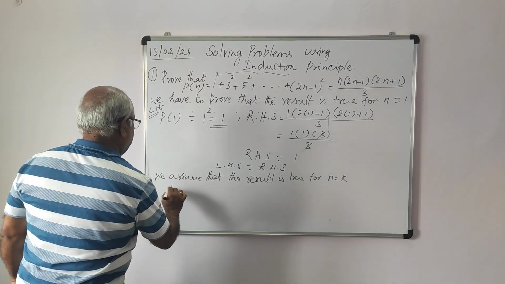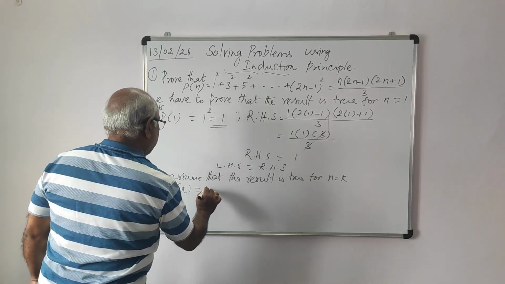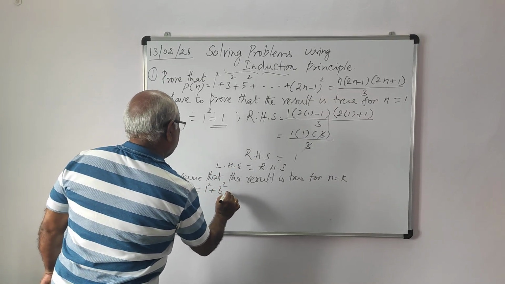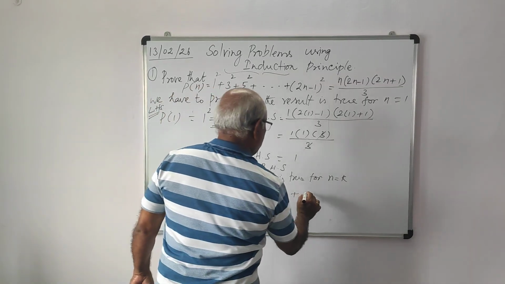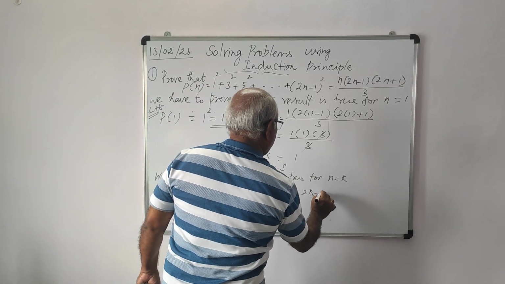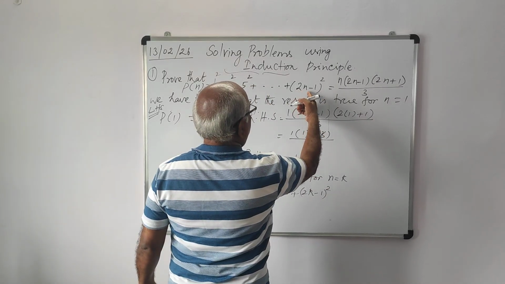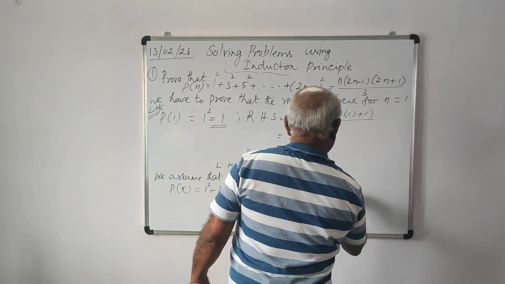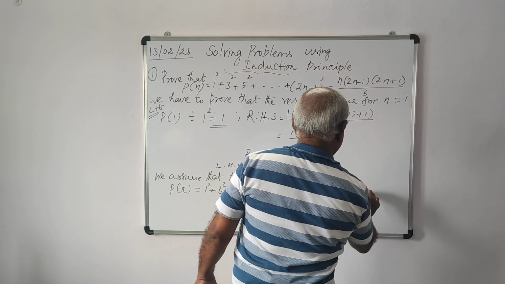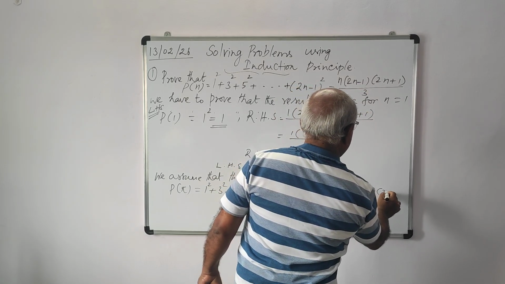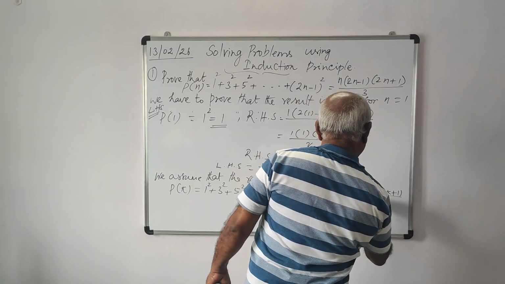That is, P of k: we are assuming that P of k equals 1 square plus 3 square plus 5 square plus etc. plus (2k minus 1) whole square. If you put n equal to k, the right hand side is k into (2k minus 1) into (2k plus 1) by 3.